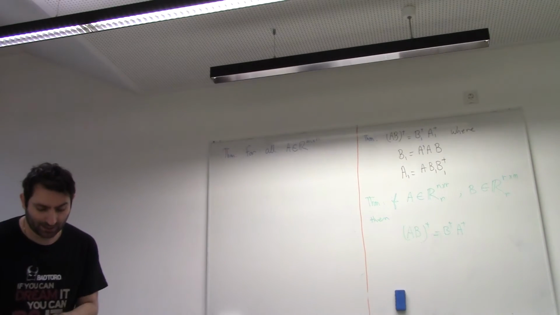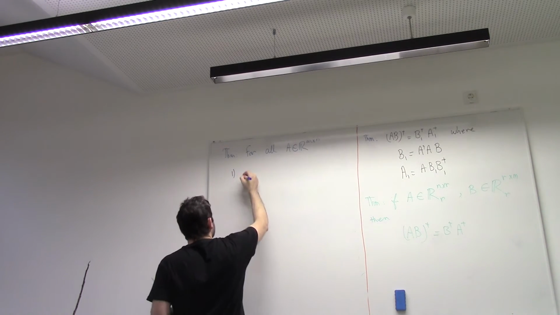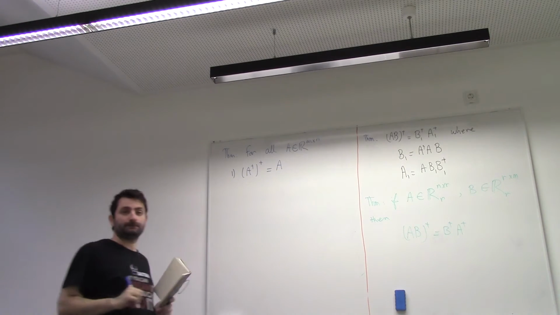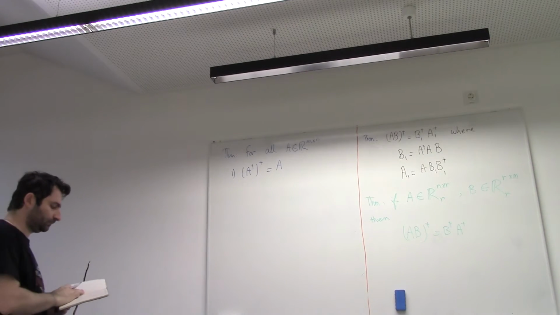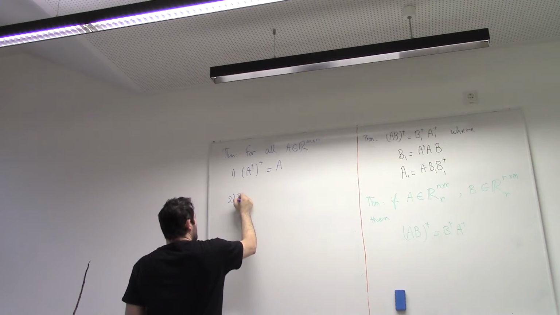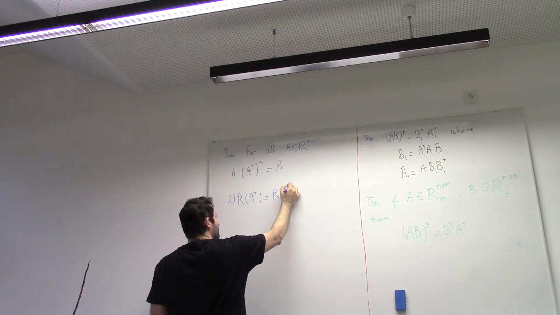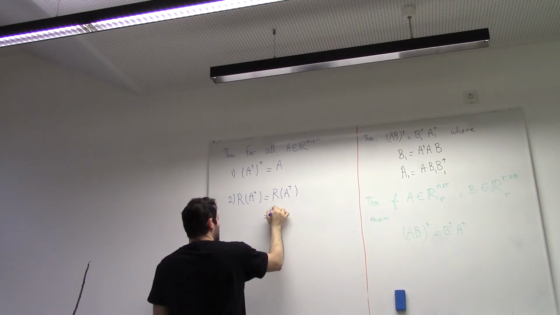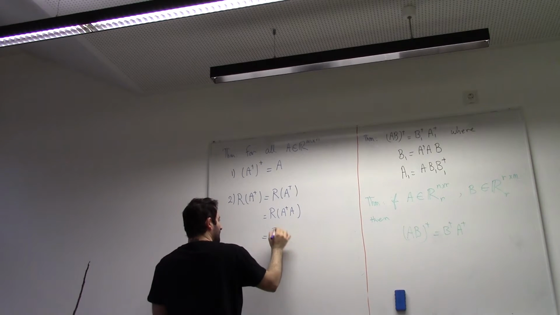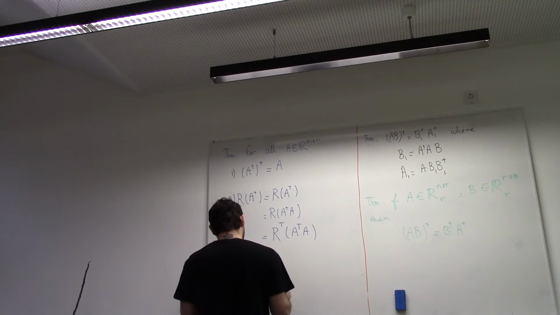For all A belonging to R^(m×n), we have: one, (A⁺)⁺ is equal to A. Two, the range of A⁺ is the range of Aᵀ, which is the range of A⁺A, which is the range of AᵀA.